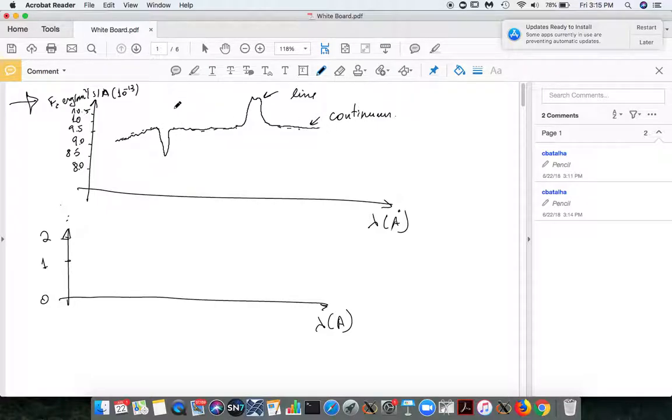But a specific transition creates lines, right? So we have two different things: lines and continuum. Continuum, in a small spectral window, should be relatively flat. Okay. Now, what Ferrous does in the data reduction is to put this continuum level not at 1, but somewhere pretty much close to 0, right?